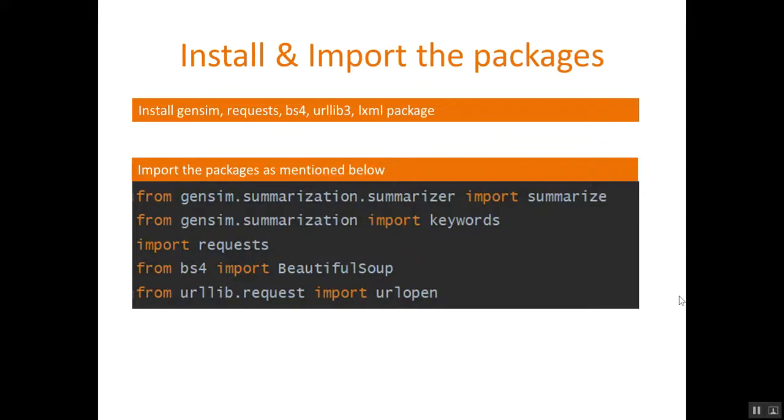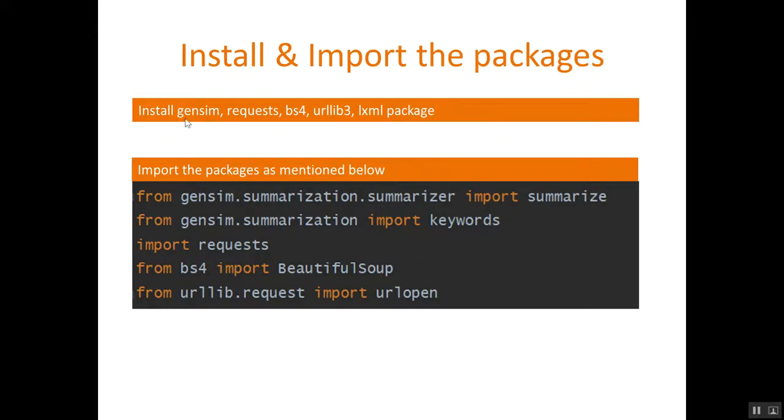Now let me explain you the code. The first step is we need to install and import the packages. These are Python packages. So in case in your Python, if these packages are not already installed, you need to install them. So I am using PyCharm.